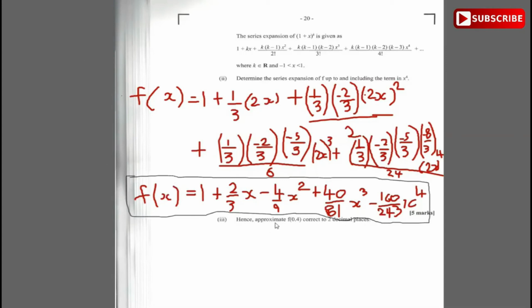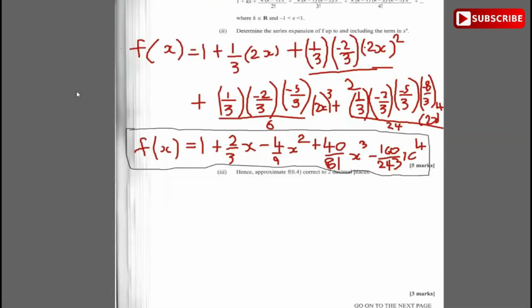Now it says, hence approximate f of 0.4 correct to 2 decimal places. So that means we're going to replace x with 0.4.